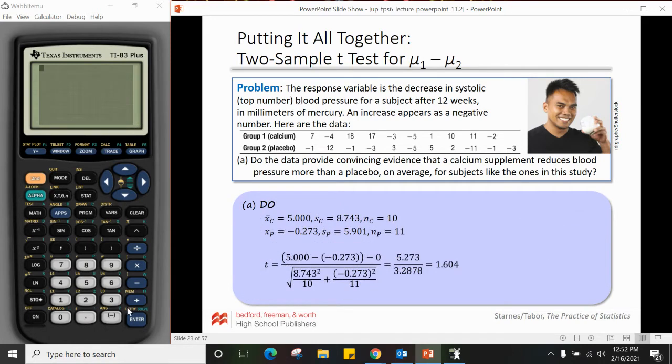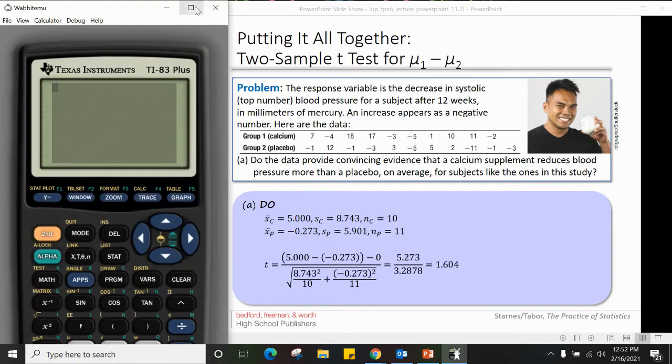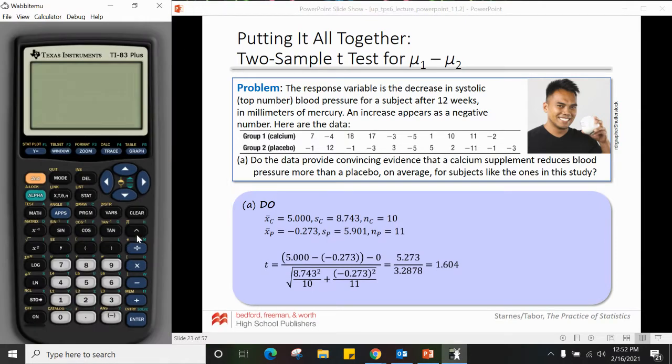And let's get into the do. So I'm going to do this on the calculator how I would do it. So let's turn this on. I'm going to stat, edit, and edit my list. I'm just clearing them all out right now.